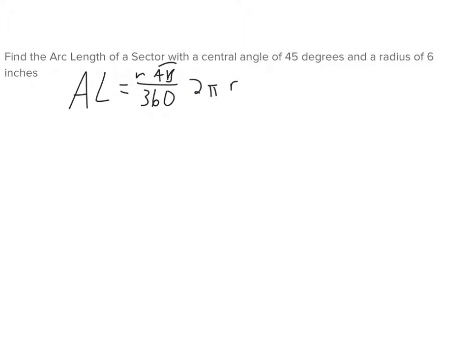Just like with area of a sector, we don't need the picture to be able to solve a problem like this. So if we're given that we're finding the arc length of a sector, and the central angle is 45 degrees and the radius is 6 inches, we have enough information to solve. The central angle, 45, goes at the top of our fraction. The radius of 6 goes in for r.